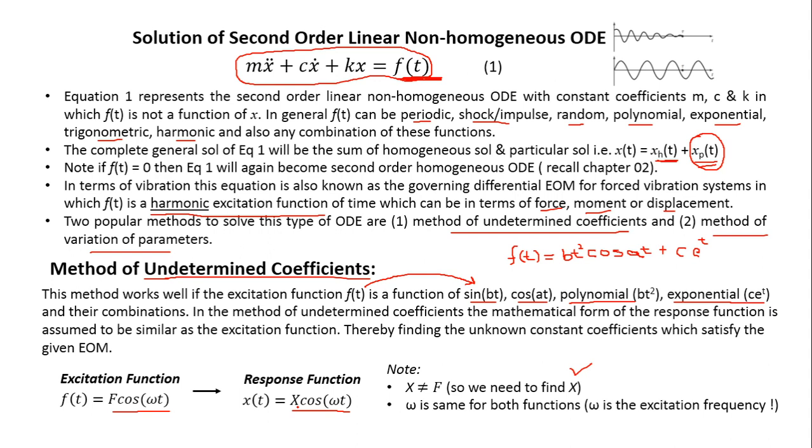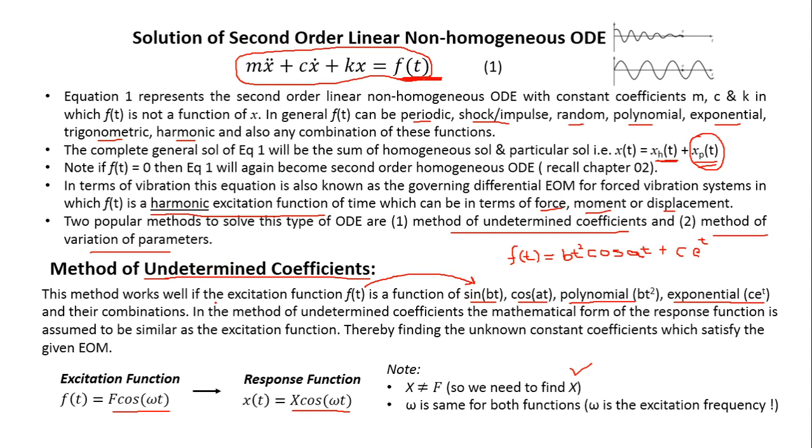So how are we going to find the value of X? We are going to substitute this response function that we have assumed, by looking at the form of the excitation function, into this equation. We're going to take the double derivative of this function and the single derivative of this function, and then substitute here, along with the value of F(t), which is F cos omega t, and then find the value of this capital X for which this equation is satisfied.